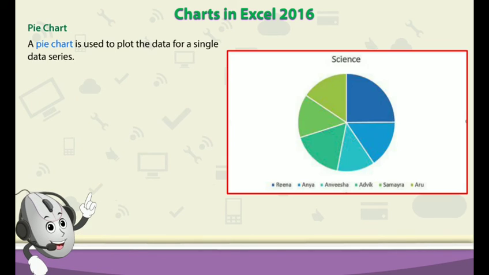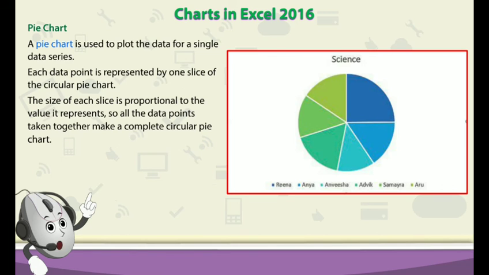Pie chart. A pie chart is used to plot the data for a single data series. Each data point is represented by a slice of a circular pie. Here the data is presented in the form of slices.